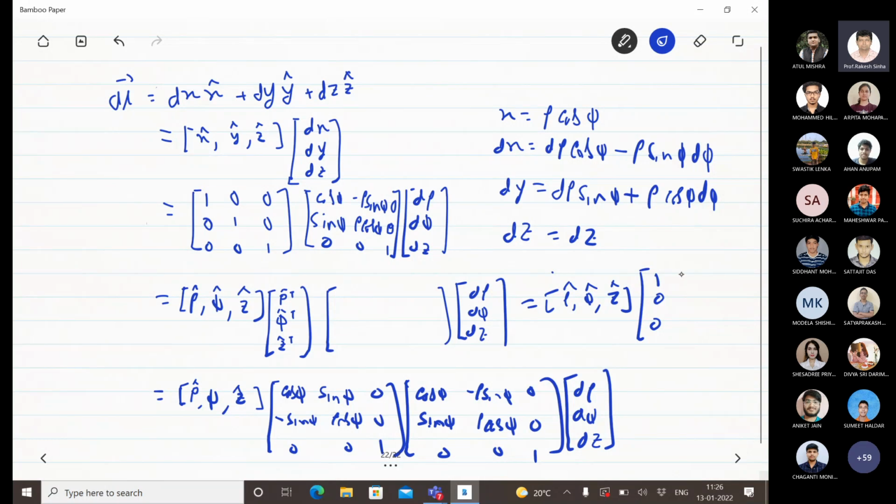Similarly, this will be 0, this will be rho, this will be 0, and then this will be 0, this will also be 0, this will be 1.